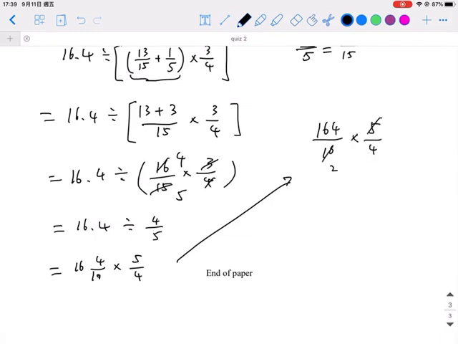Okay, have some simple calculation. I try to use 4, which is 4 times 41. So the answer is 41 over 2, or you can write it as 20 and 1 over 2, or you can write 20.5, also okay.